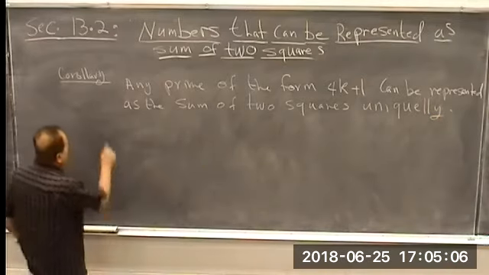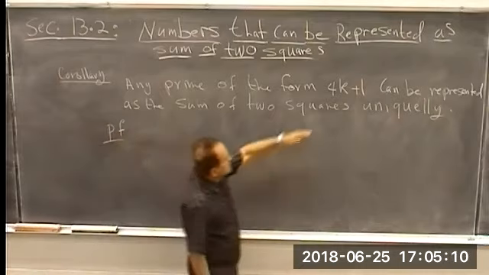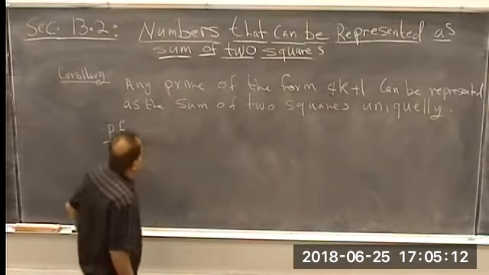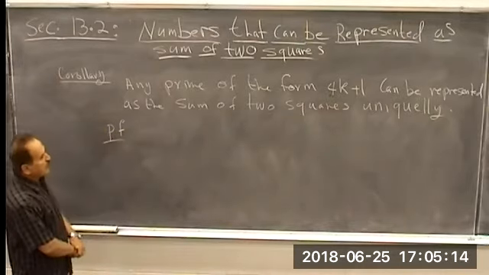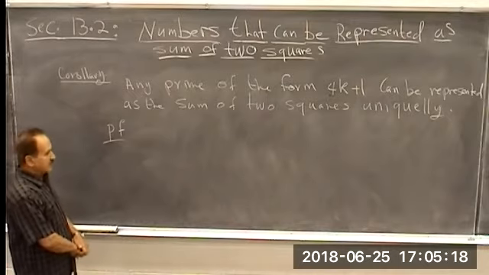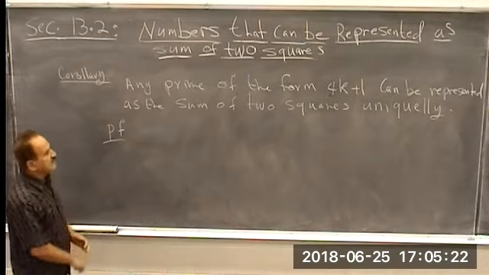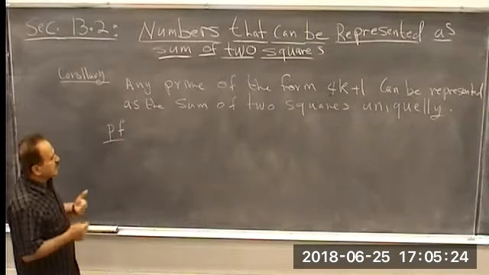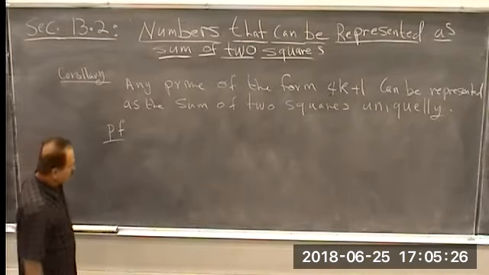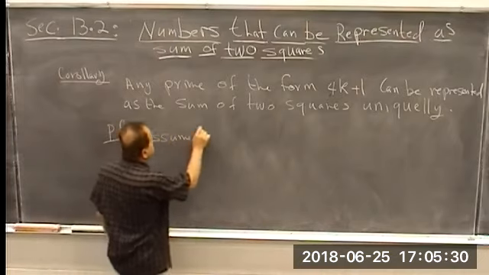All right, we already proved that any prime of the form 4k plus 1 can be represented as a sum of two squares. So at least we know there exists one representation. So we're going to assume that P is represented in two different ways.